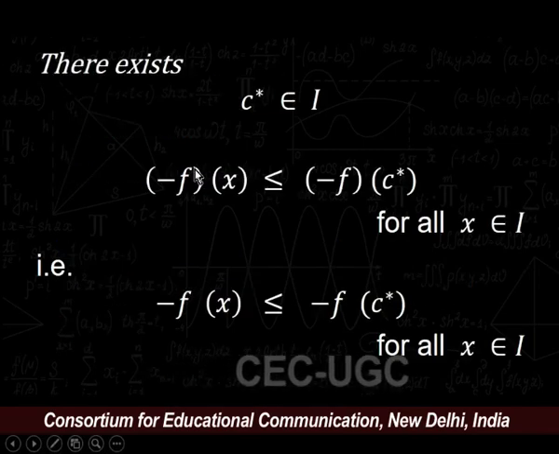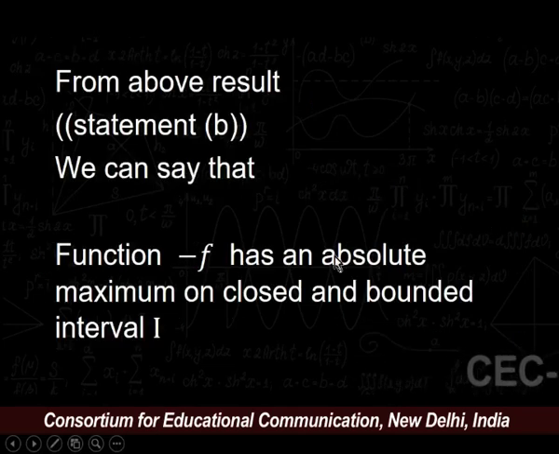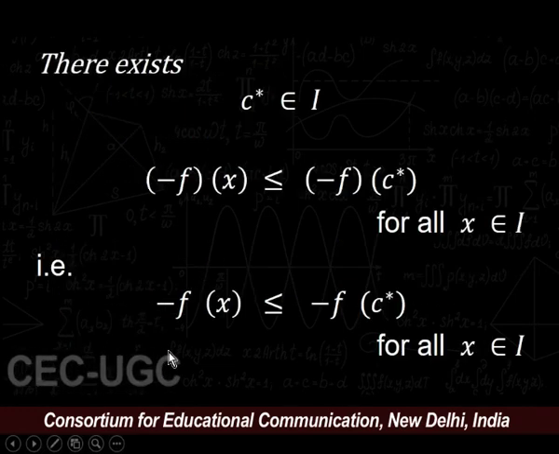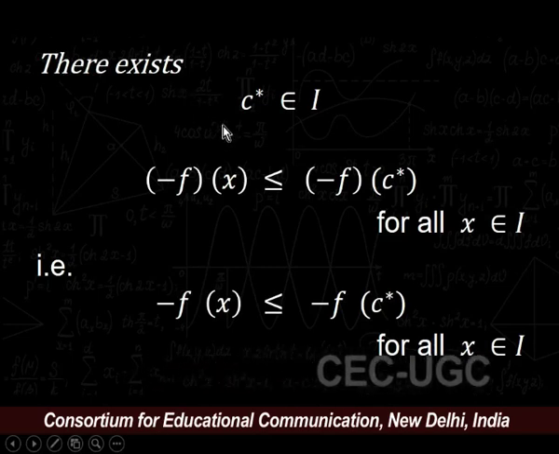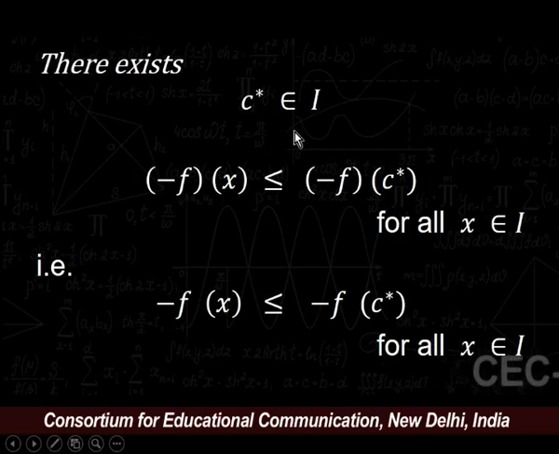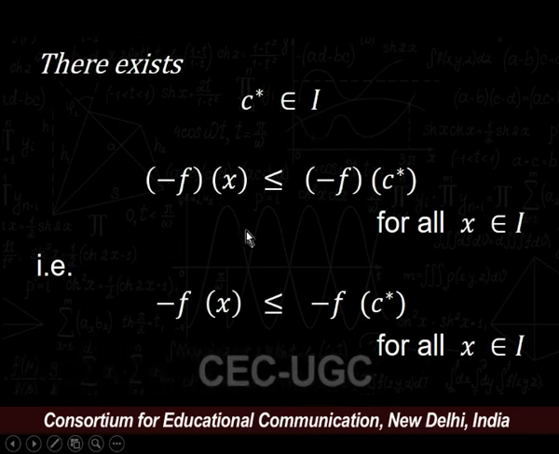That means, by the definition, there must exist some element, say c star, belonging to the closed and bounded interval I, such that this inequality holds.